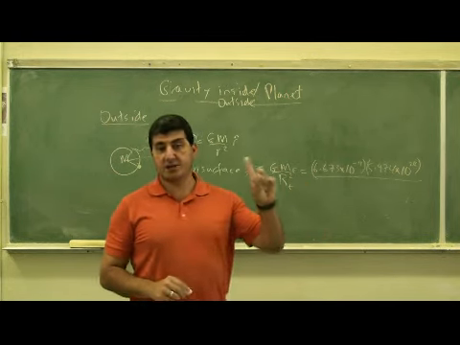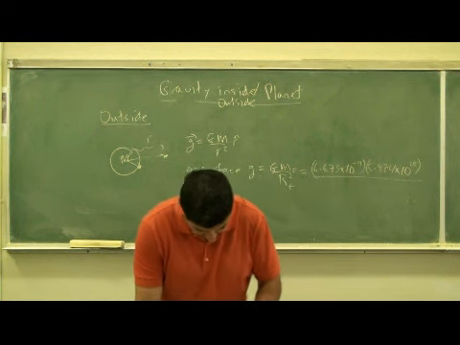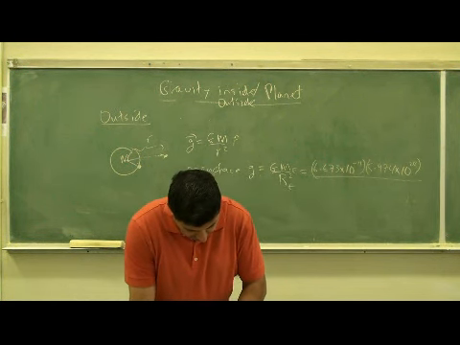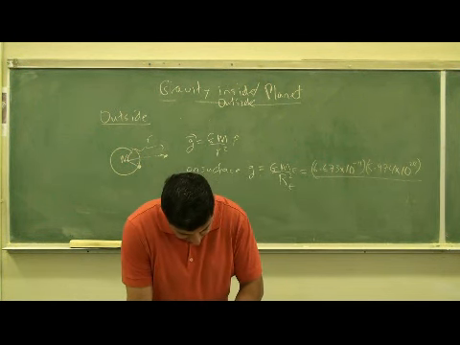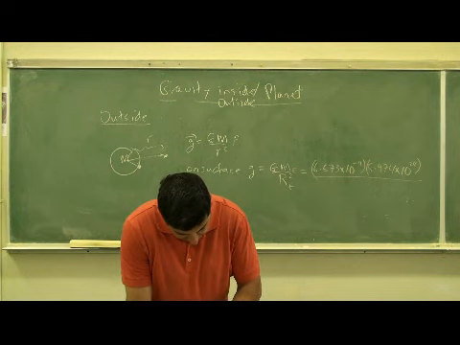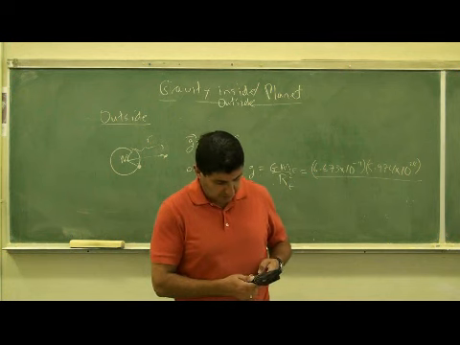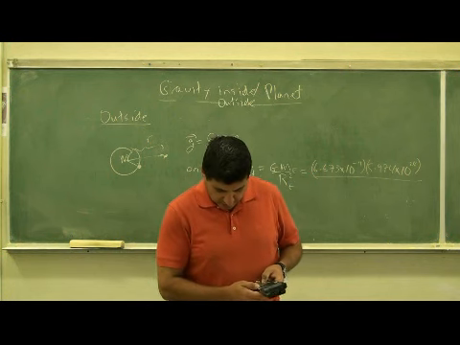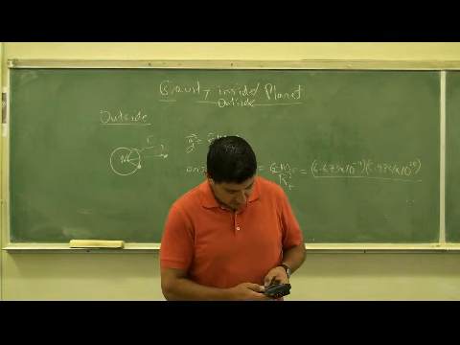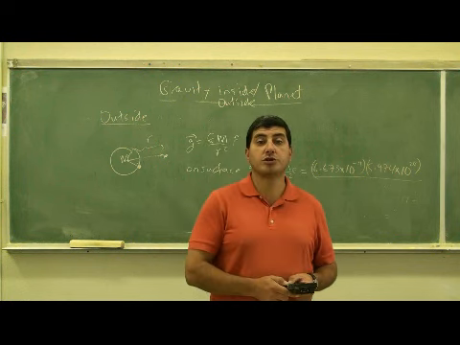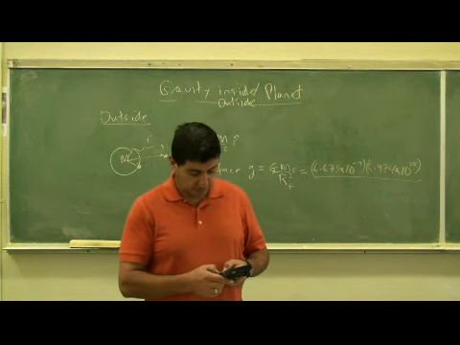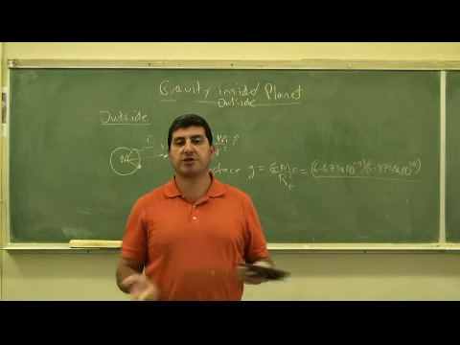I didn't give that yet, so this is the first time I'm actually giving you the radius. The radius of the Earth is going to be, it gives us the diameter here, so let's divide that by 2 on the book here. 12,756 is the diameter of the Earth. So divide that by 2, 6,378 kilometers.